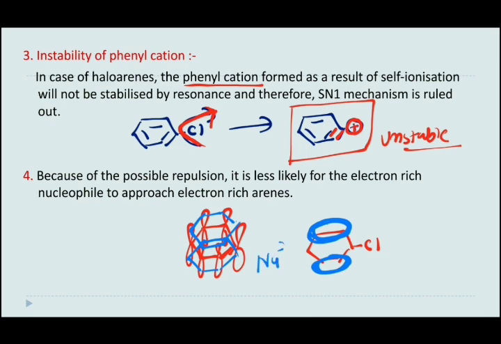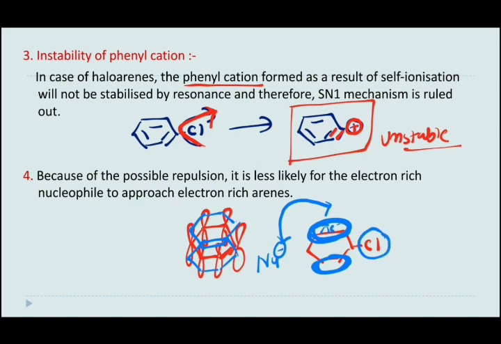So whenever a nucleophile approaches the chlorine atom, this pi electron density will repel the nucleophile because both have the same charge. So the attack of the nucleophile from the back side of chlorine is impossible in this case.